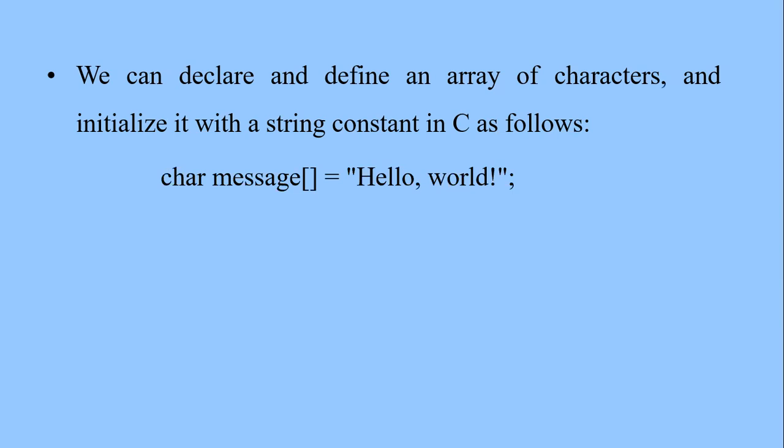In this case, we are assigning hello world into the memory location that is going to store our array of characters. And this memory location is called message. So the size will be determined by the size of the string that you are going to assign into it.